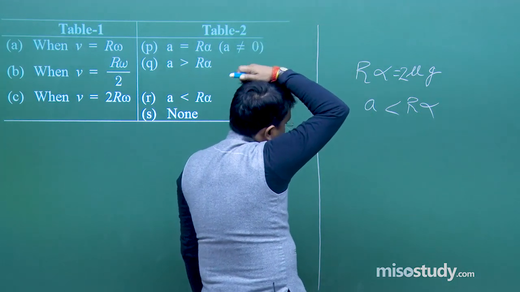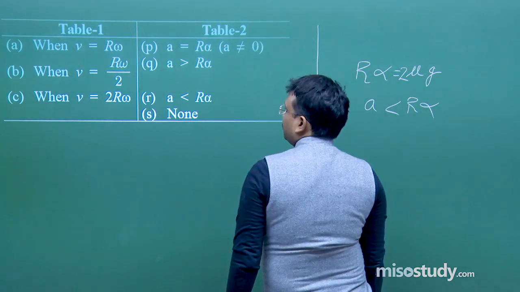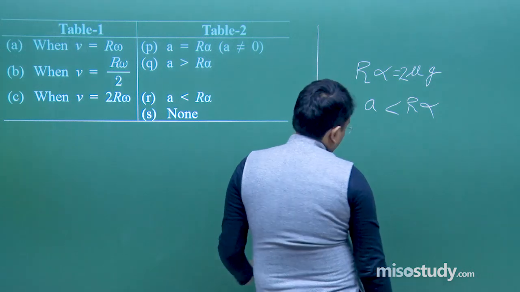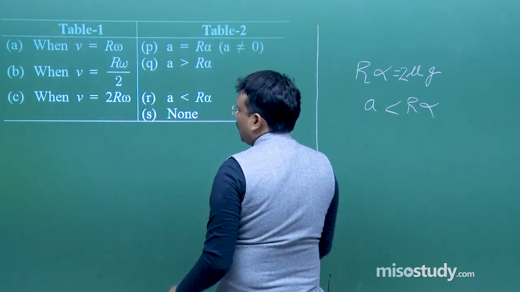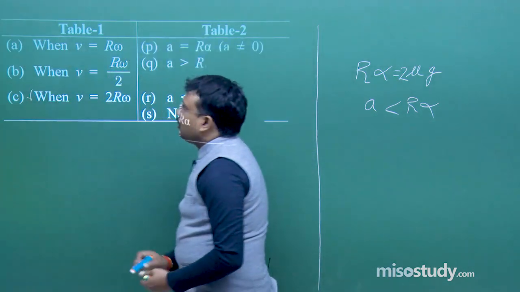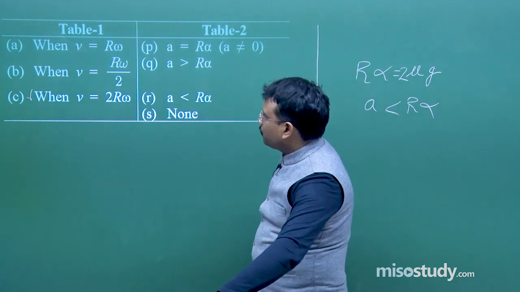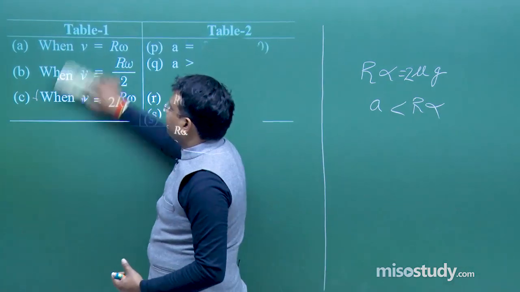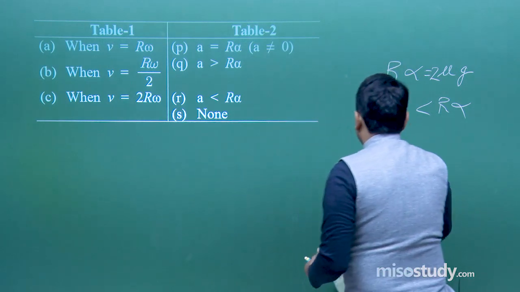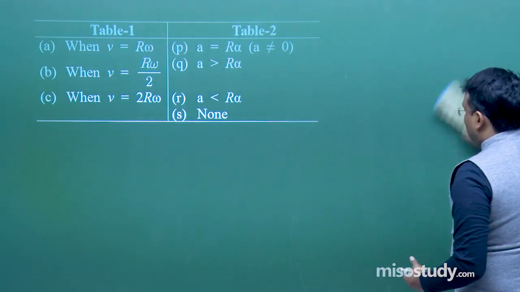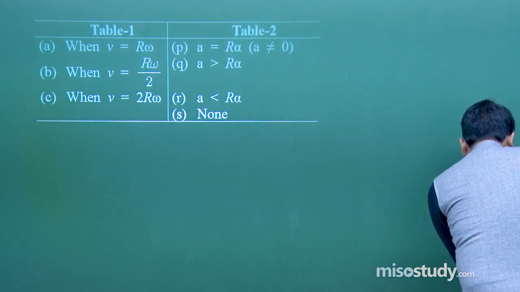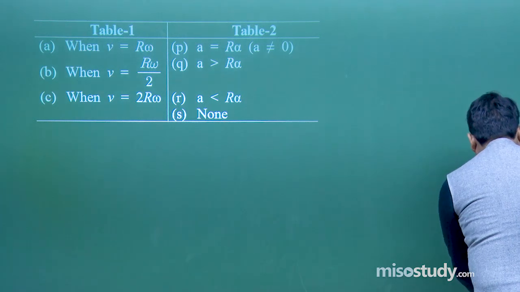So you can say that this way C is going to be R once again. So C is again going to be R, this one. Obviously, matrix match type of questions are slightly long sometimes, and you have to match with the given process of the problem. Fine, over here.